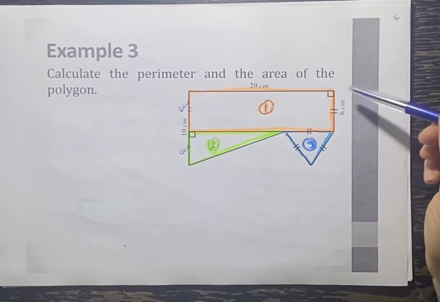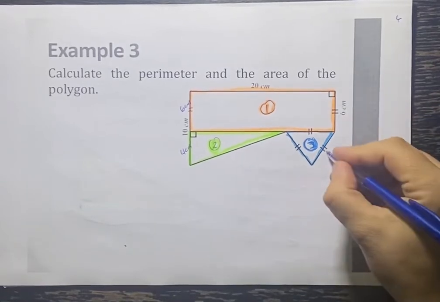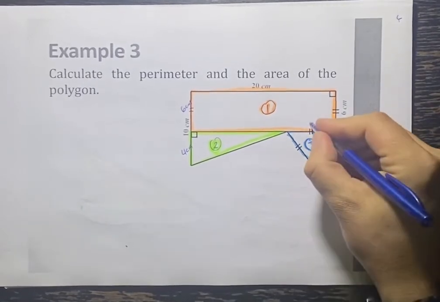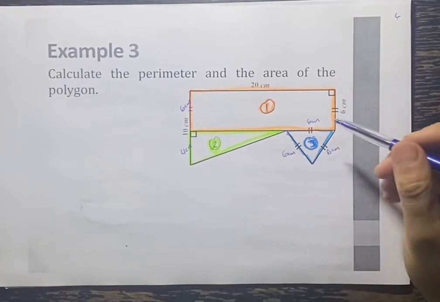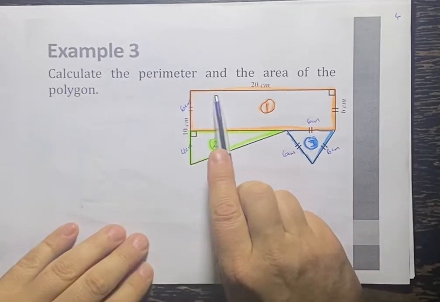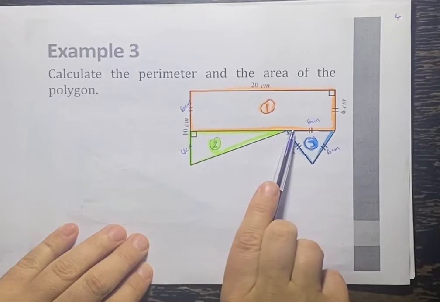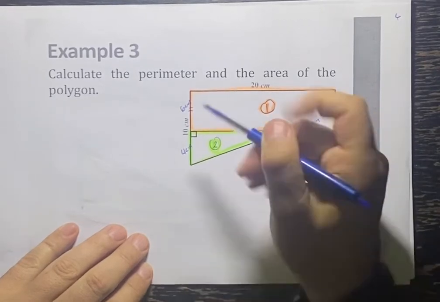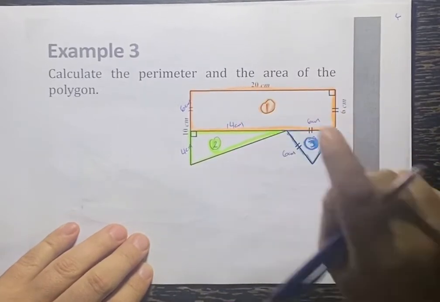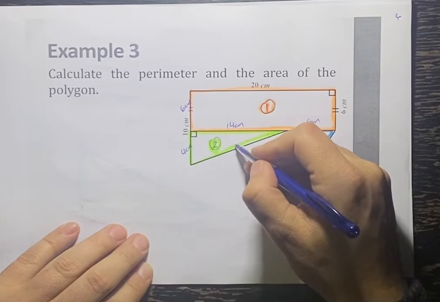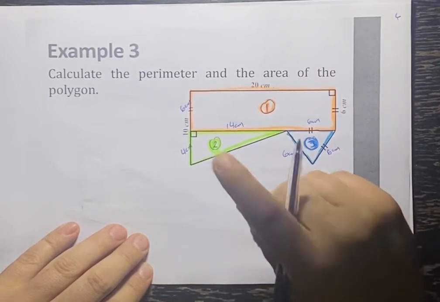If this is 6 and it's got those double lines like that, that means that this one is also 6 centimeters, this one is also 6 centimeters, and this one is 6 centimeters. If this entire length here is 20, that means that this one is also 20. So if this is 6, this length here must be 14, because the 14 plus the 6 gives us the 20. So for this green triangle, we know the base and the height. We can work out the area.